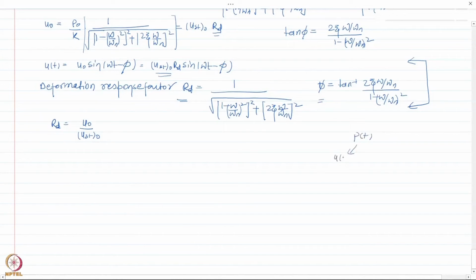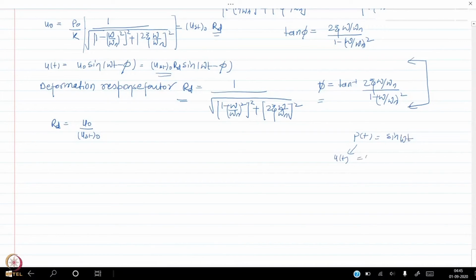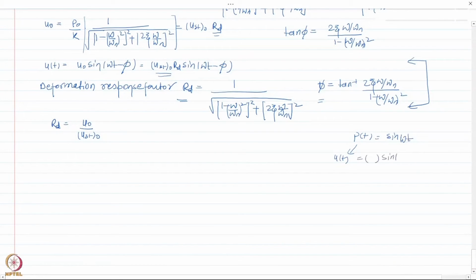what is the lag that is there in u(t). Remember, my p(t) was nothing but sine of omega t. However, u(t) was some constant times sine of omega t minus phi. So if you plot these functions, it would simply mean that the sine omega t starts at 0, depending upon the value of phi, it might start early or it might start late.